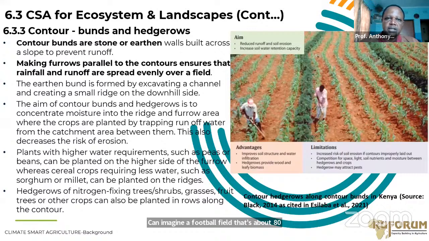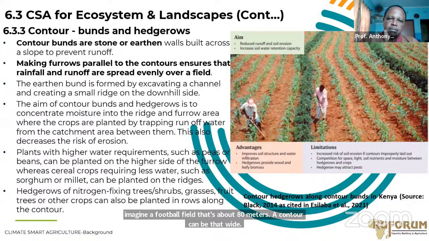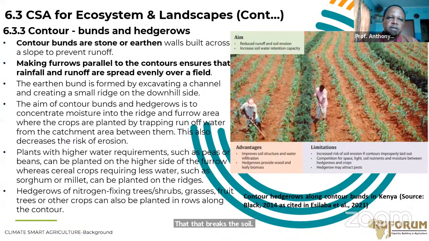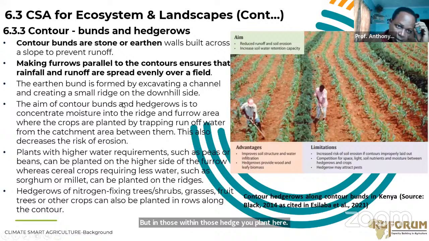A contour can be that wide. And then you have your hedge that stops the soil from being eroded in case of high rainfall. You slow down the runoff, and so you save your soil. But within those hedgerows, you plant your staple food or your cash crop.